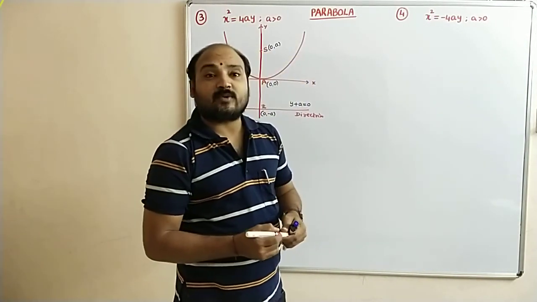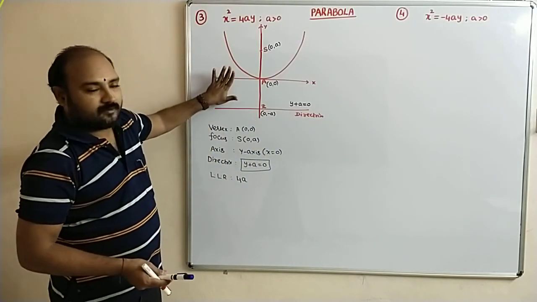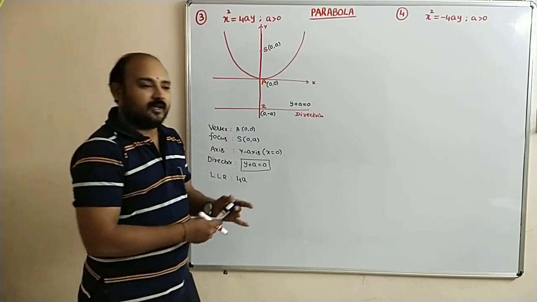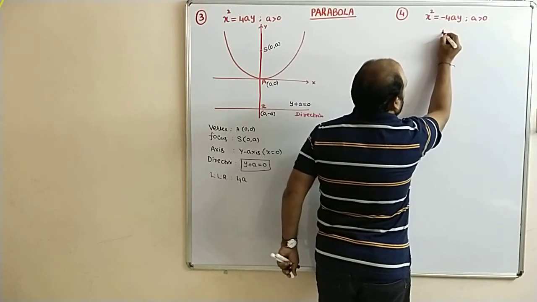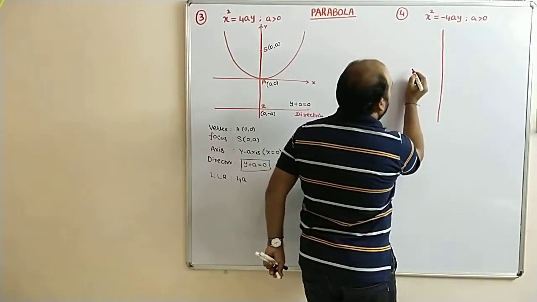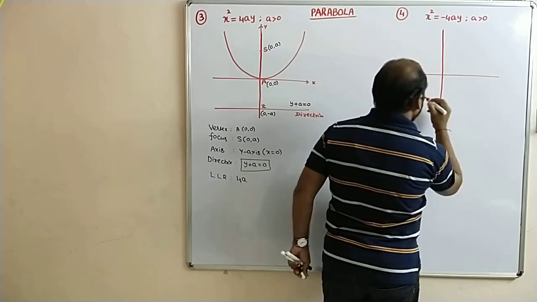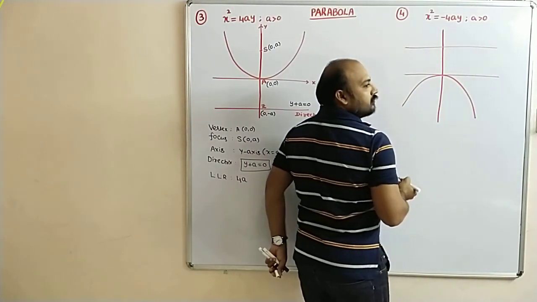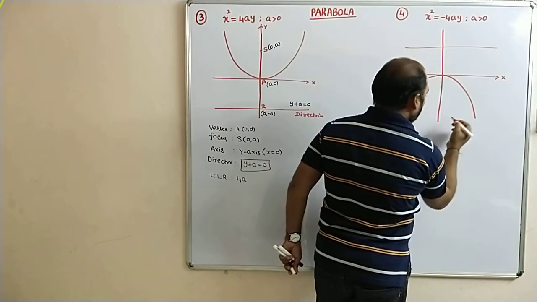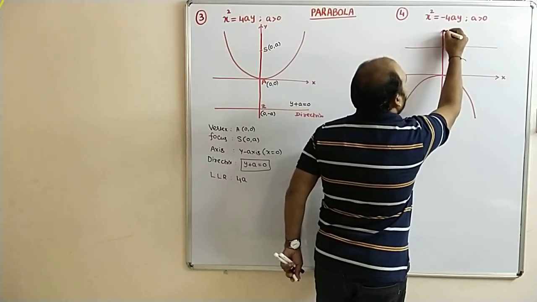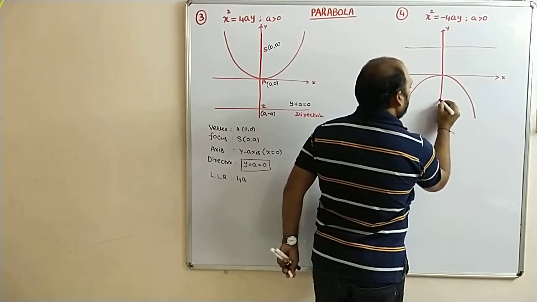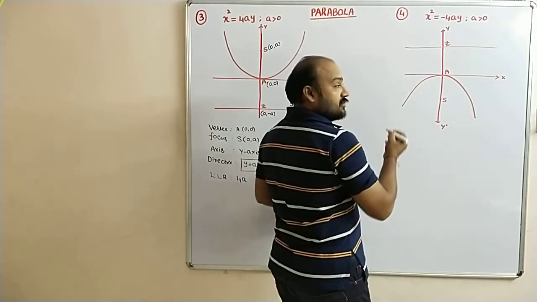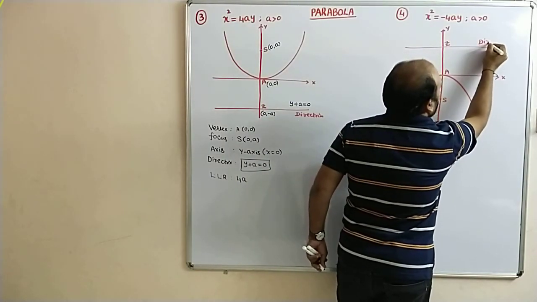The parabola x square equal to minus 4ay. Same figure, but the curve is symmetric about the negative y-axis. Here, the figure will become like this. This is the focus, this is A, this is Z, the point of intersection of directrix.